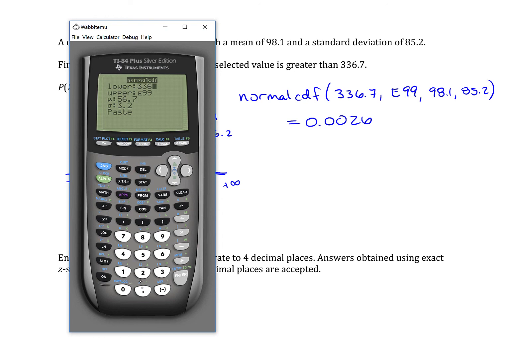So the lower bound, 336.7. The upper bound is already positive infinity, I'll leave that. Then 98.1 and 85.2. When you hit paste, all it does is just put that function on the home screen for you. So it doesn't matter if you have that turned on or not, you still get the same results.